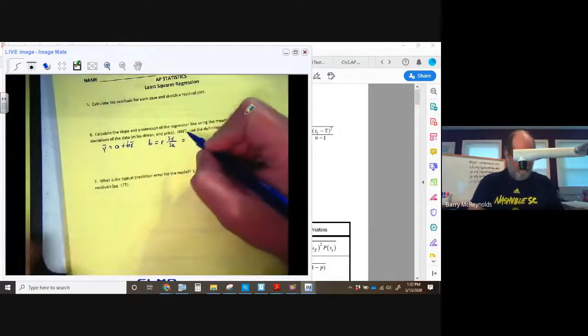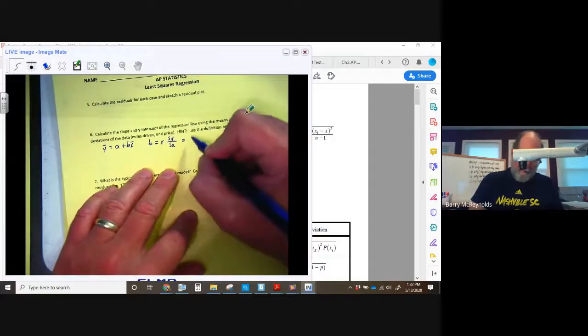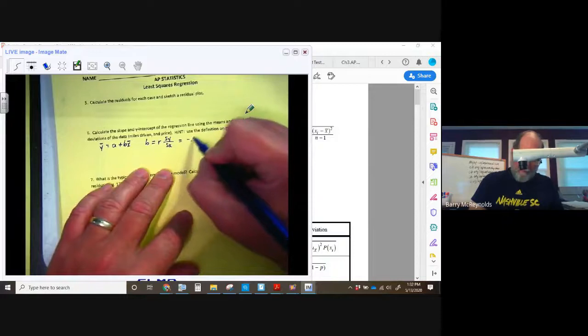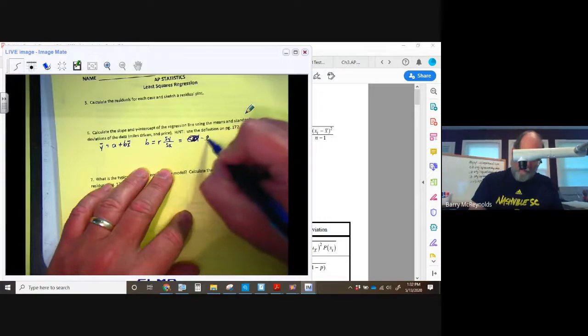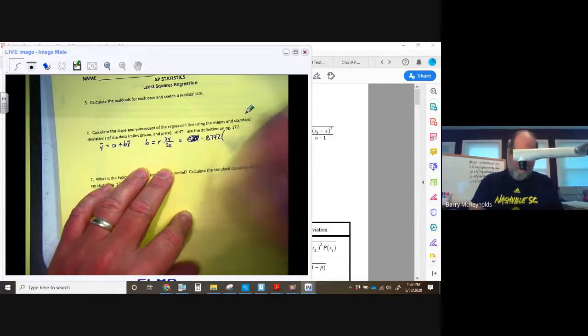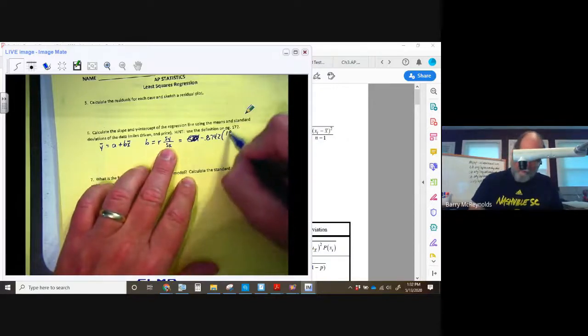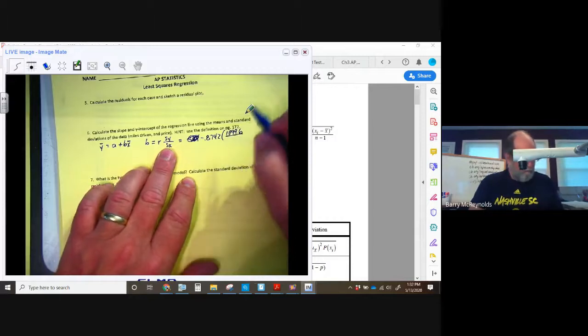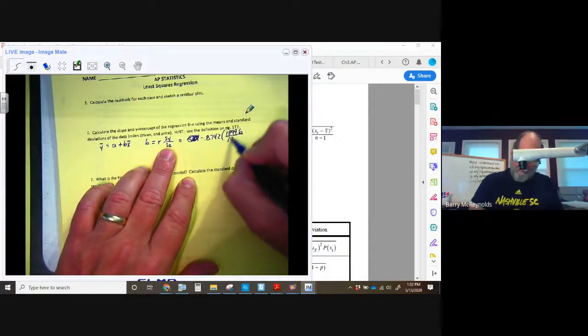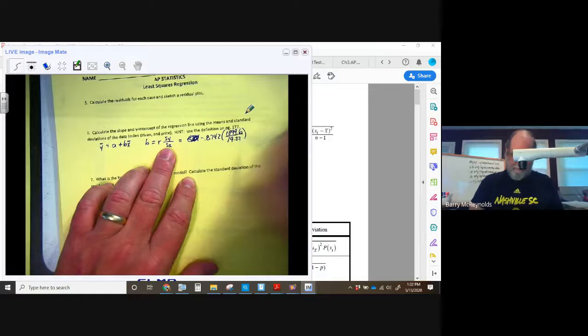B is equal to R, and I said it was negative 0.8742, times SY over SX, and that's 1899.6 over SX, 19.27.